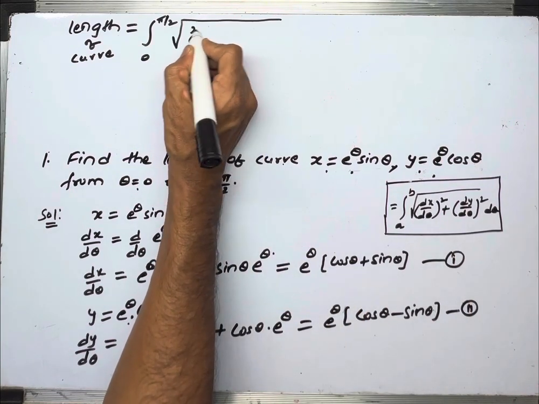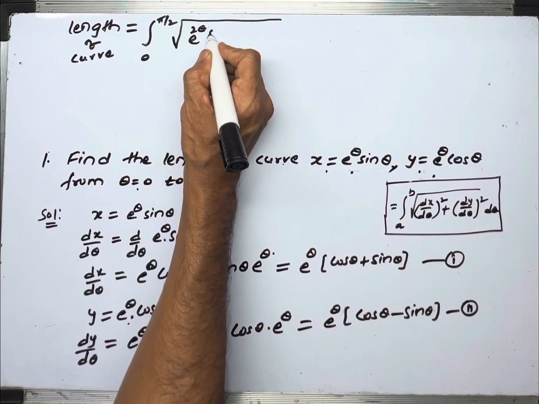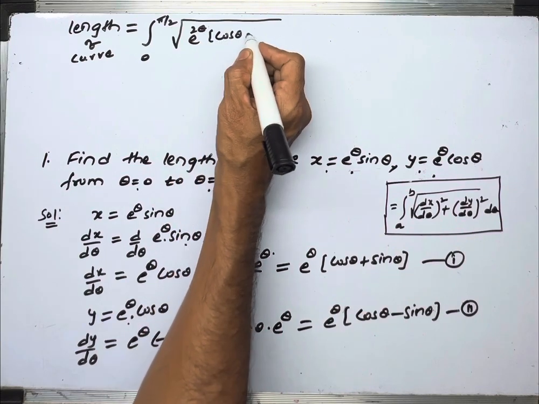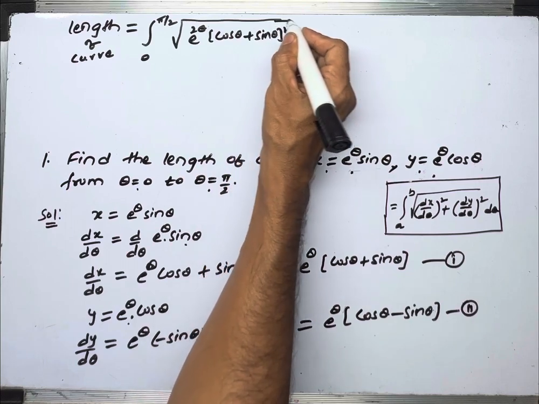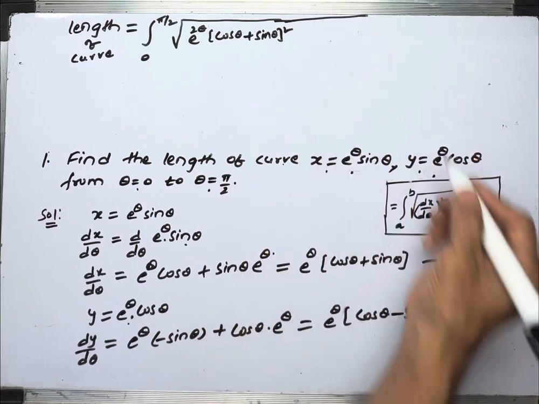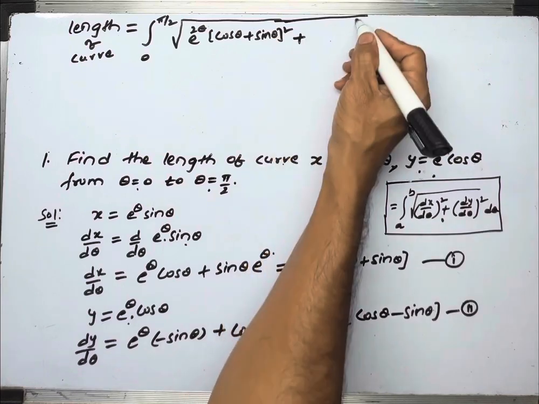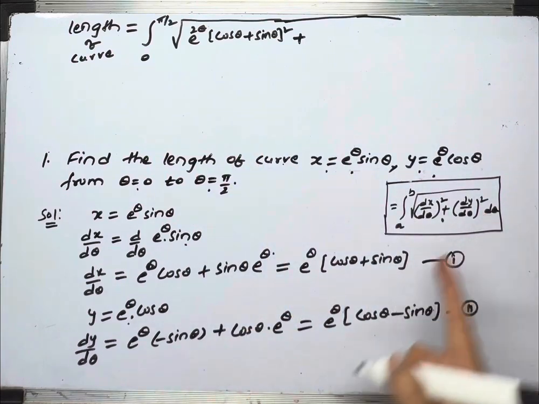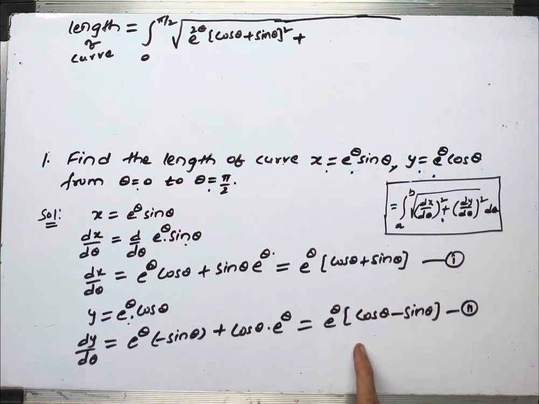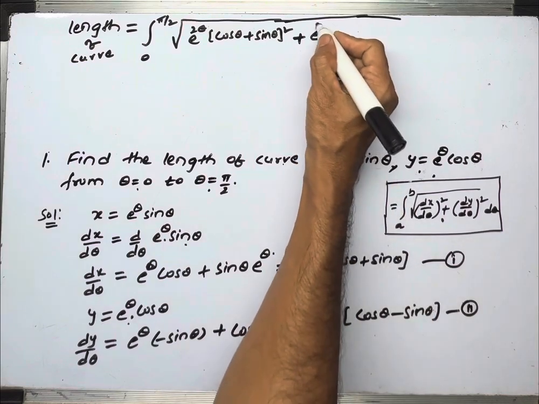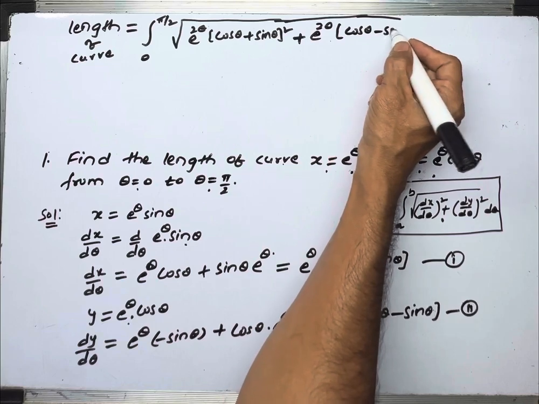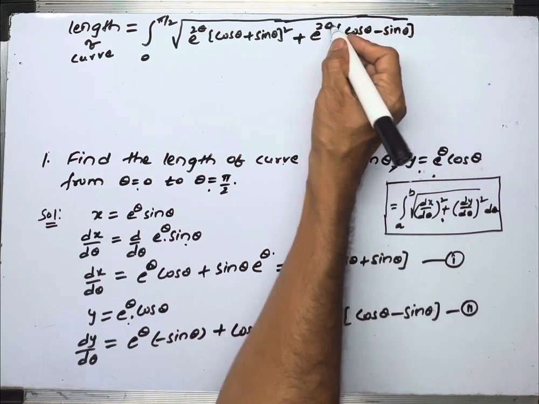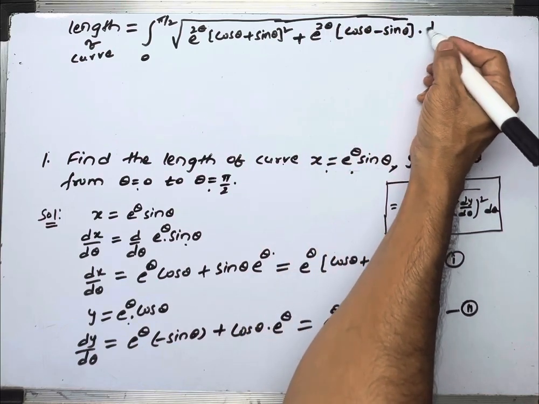So e power 2 theta if we square, this one cos theta plus sin theta whole square. Then square root plus dy by d theta whole square. So whatever answer we got, we have to square this one. E power 2 theta cos theta minus sin theta into d theta.